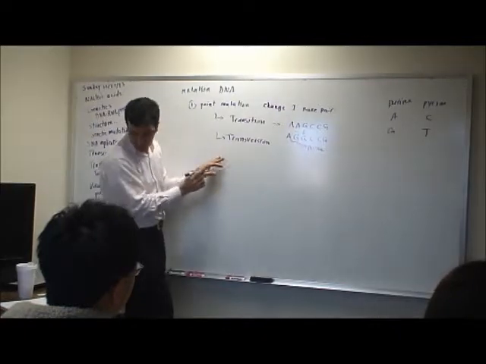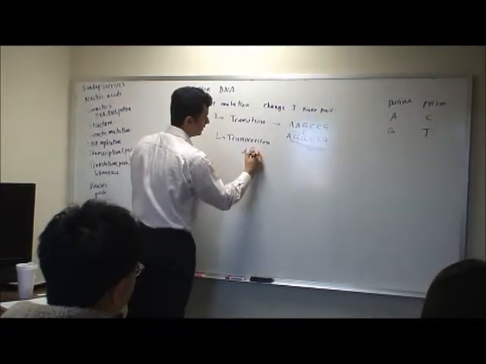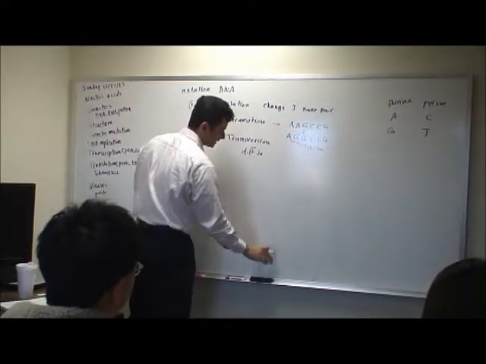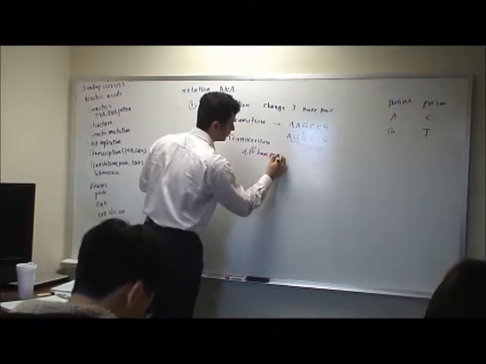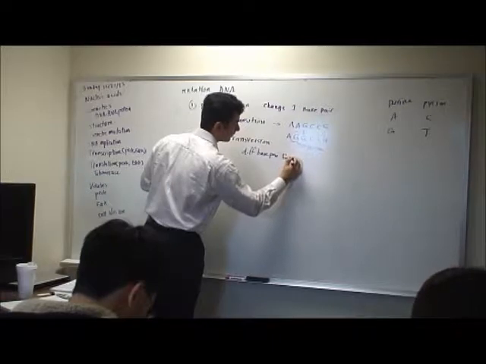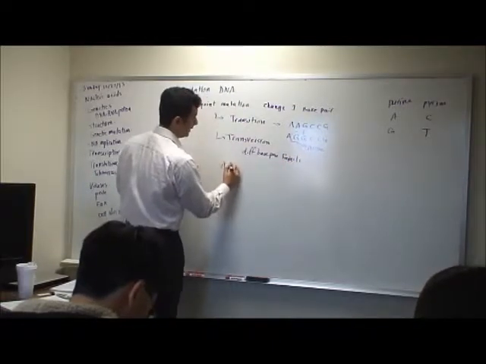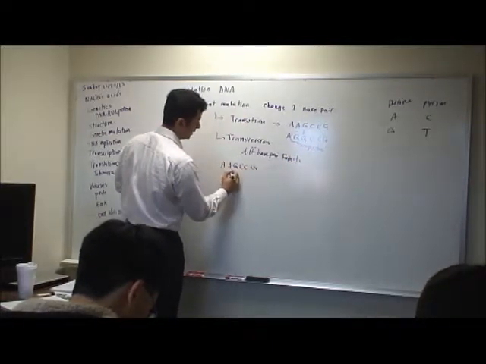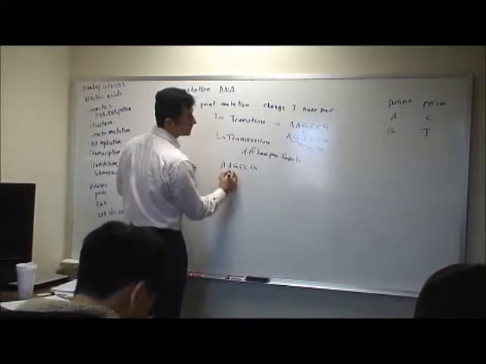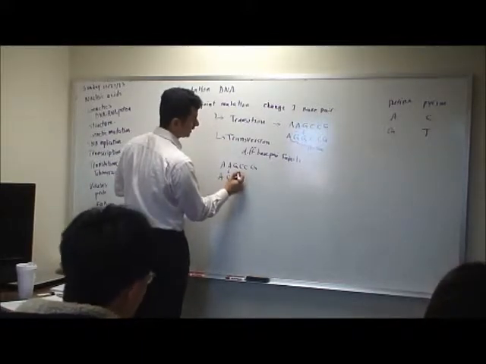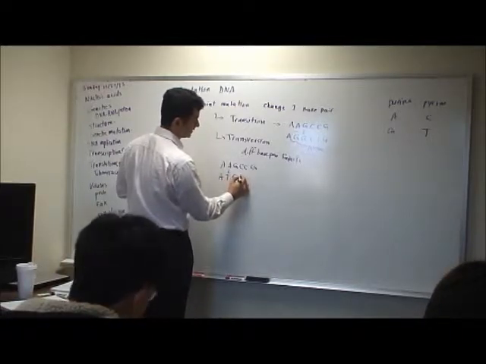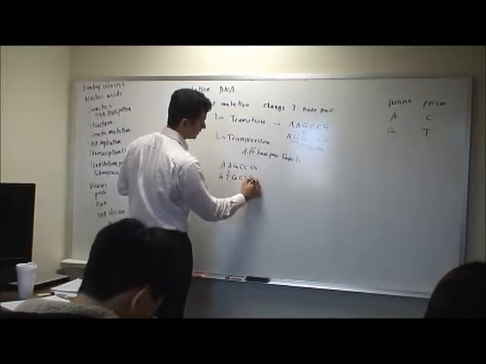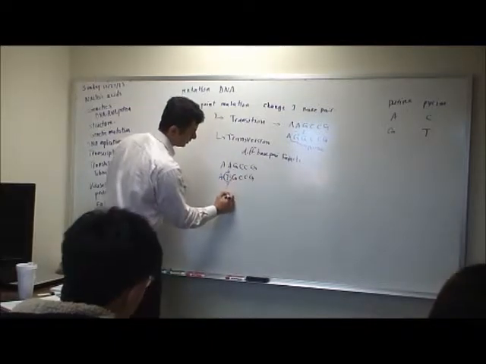Transversion, on the other hand, is a change to a different base pair family. Again, so A, G, C, C, G. This becomes A, and instead this becomes C, or A matches with T. So this is a pyrimidine.